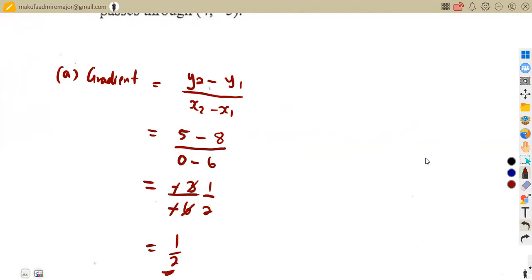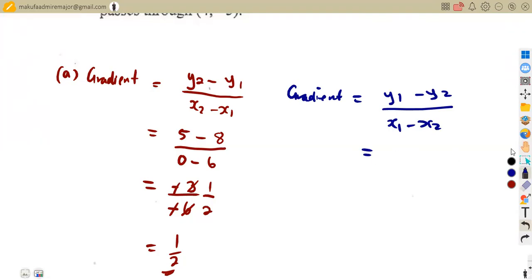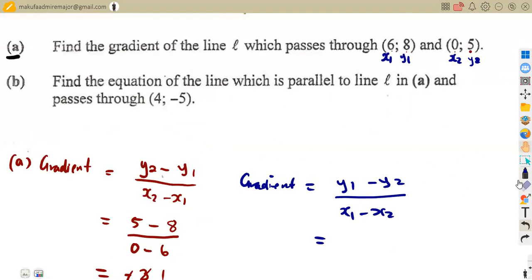And some people ask, if I use y1 minus y2, am I going to have the same answer? Guys, this is the same concept. Even if you are to use y1 minus y2 over x1 minus x2, you are supposed to obtain the same answer. Let us take our points.